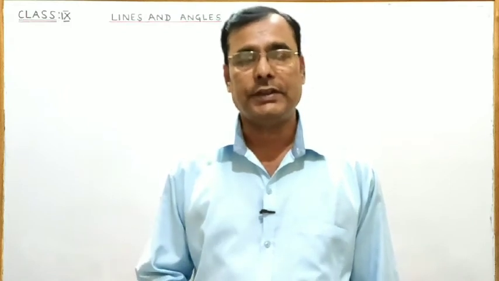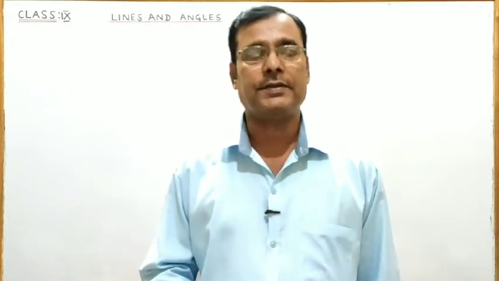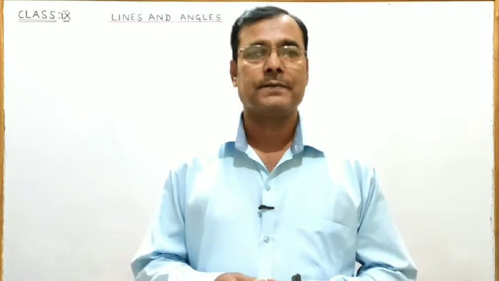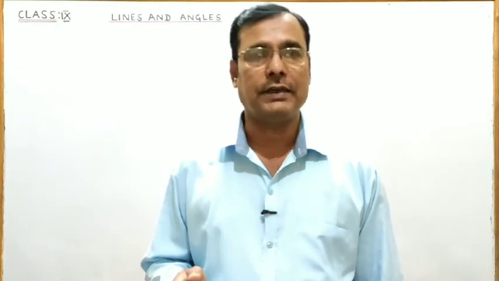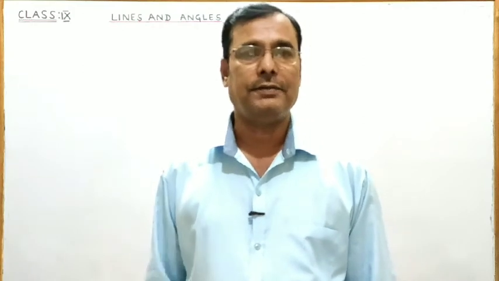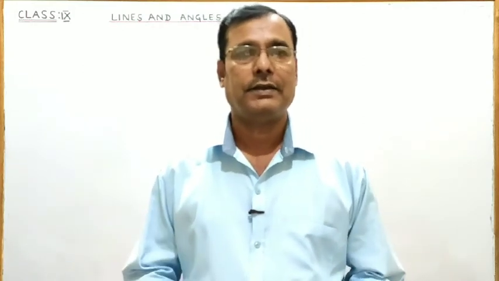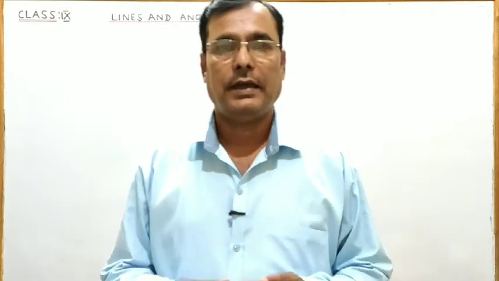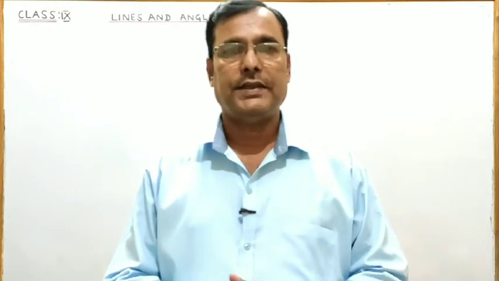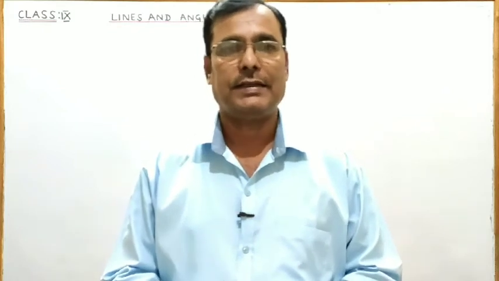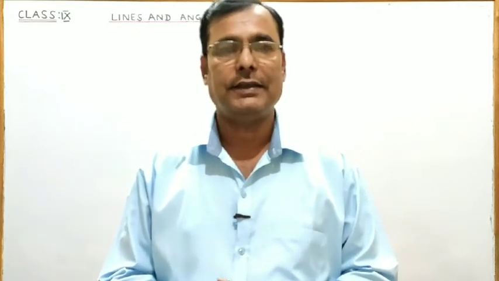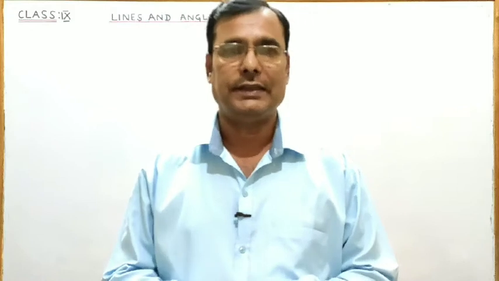You have also studied about some different types of angles such as acute angle, right angle, obtuse angle, straight angle, reflex angle and complete angle. An acute angle measures between 0 degree and 90 degrees, whereas a right angle is exactly equal to 90 degrees.